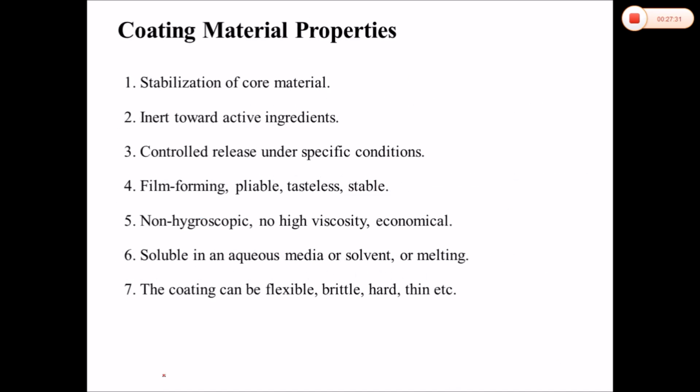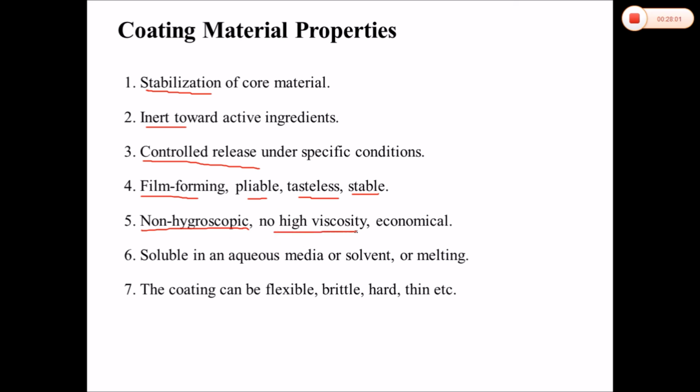So these are the properties of a coating material. It must stabilize the core materials. It should be inert toward active ingredients. It should provide a controlled release under specific conditions. It must form a thin, pliable film. It should be tasteless and stable. It should be non-hygroscopic, meaning it should not absorb moisture.